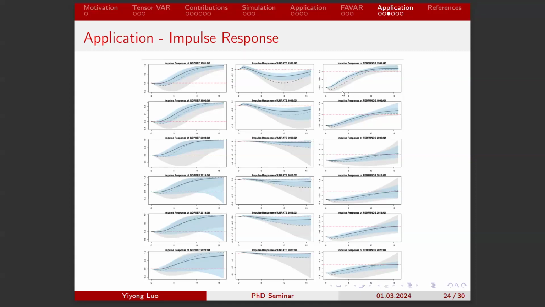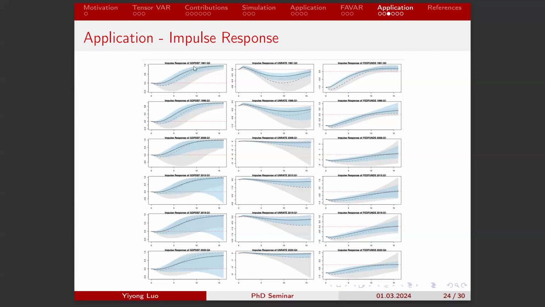Here I studied the expansionary monetary policy, meaning that we have a negative shock to the federal funds rates. The solid curve with the blue band is for the one using the autoencoder, and the one with the dashed curve and the gray band is for PCA.